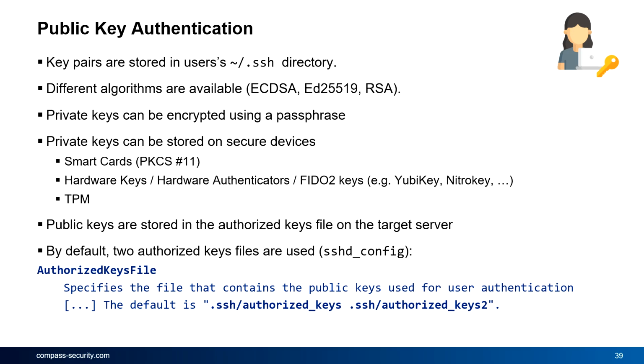So if you do not specify any configuration option, then you have these two files configured: .ssh/authorized_keys and .ssh/authorized_keys2. This was mainly done because of the SSH protocol version 2, but usually only the file authorized_keys is used and not the file authorized_keys2.